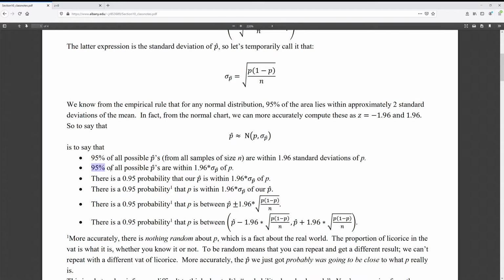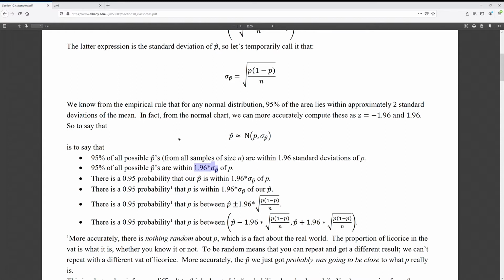So I'm just going to restate what I just stated above. 95% of all possible p-hats from all possible samples of size n are within 1.96 times the standard deviation of p-hat, of p. So 95% of all possible statistics are within the highlighted distance of p.